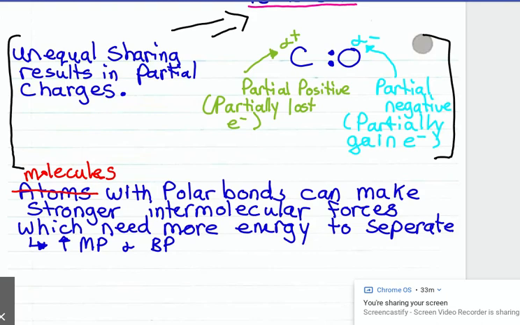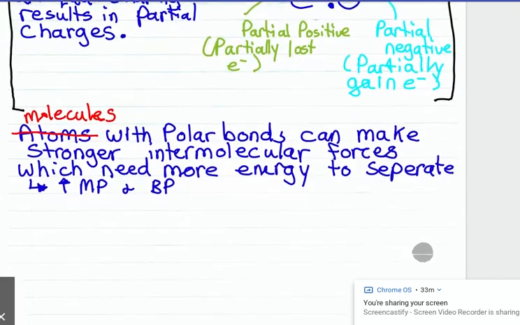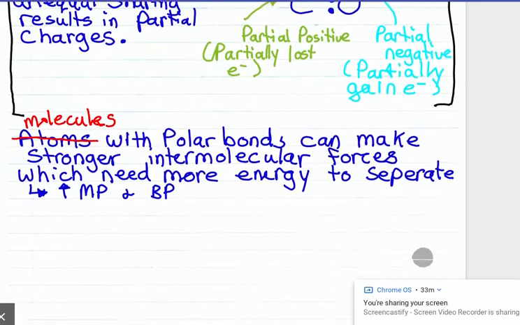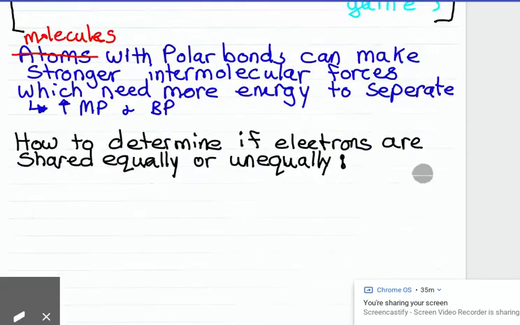And then we'll come back another day and look at these stronger intermolecular forces and how they form differently than the London dispersion forces we have seen before. So just hit pause, make sure you have this copied down, and then we'll move on. All right, we're going to determine if electrons are shared equally or unequally.